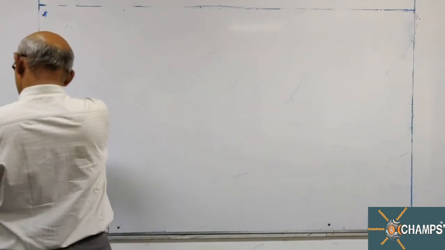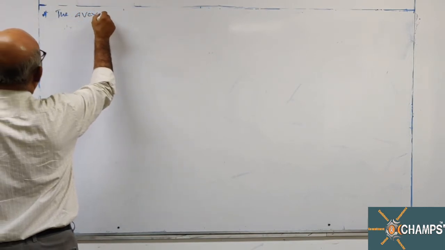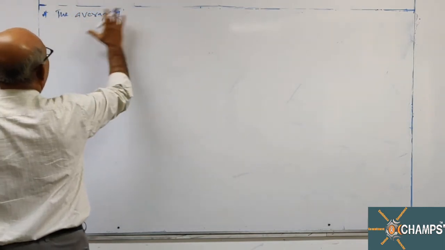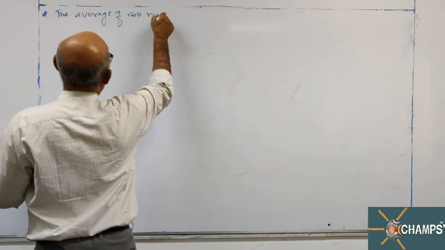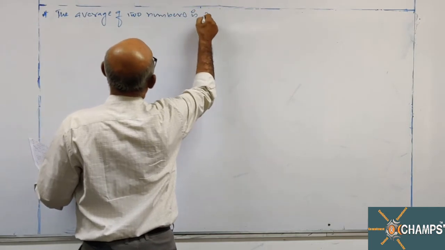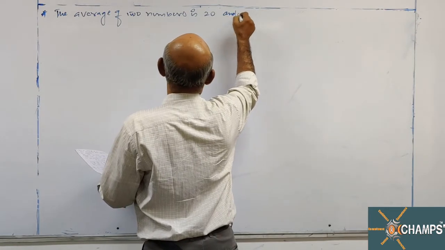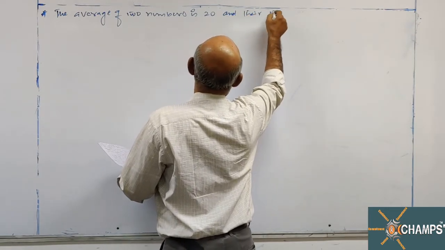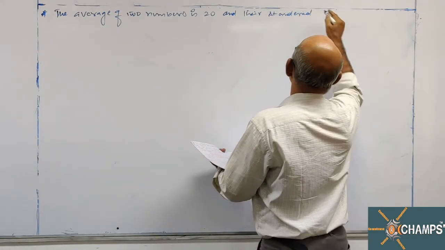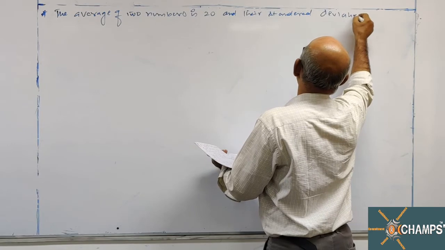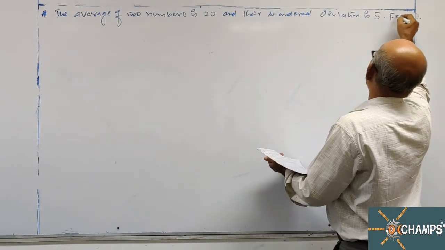Next problem. The average of two numbers is 20 and their standard deviation is 5.